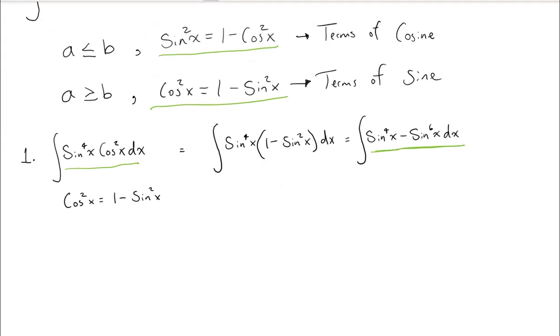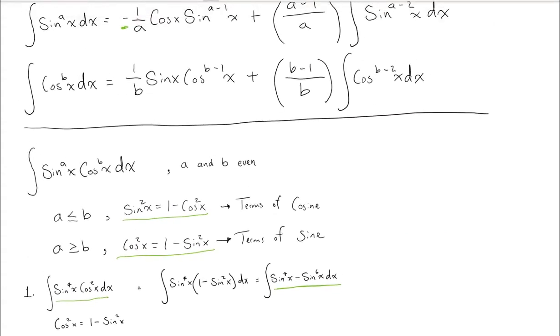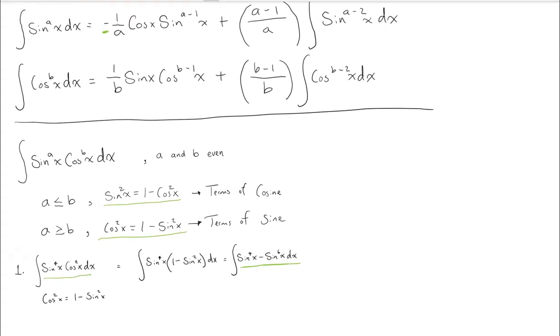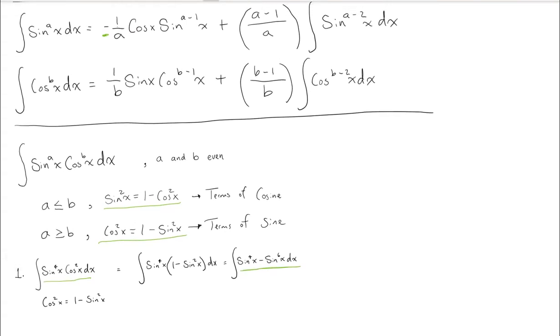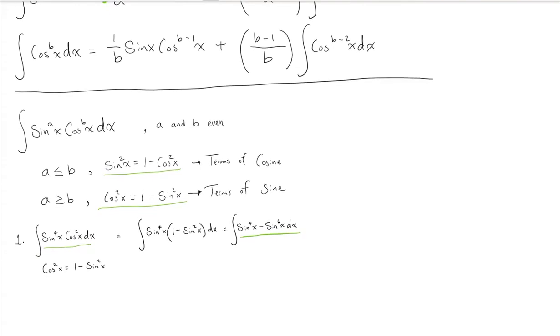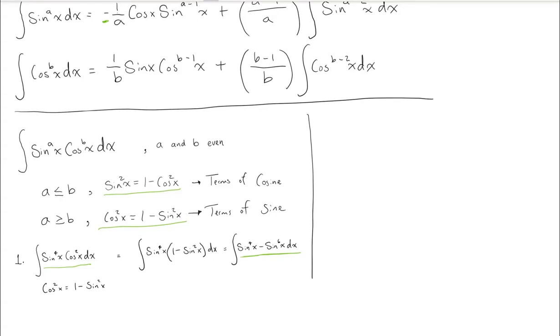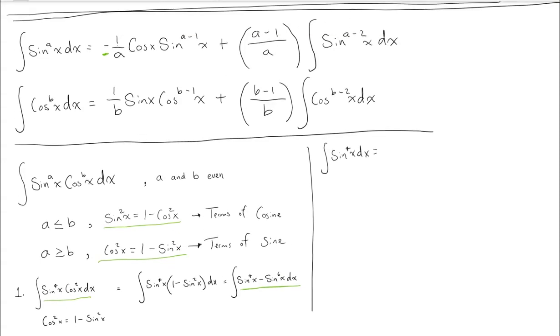So now if we use our reduction formula that we derived earlier, here it is at the top, the integral of sine to the power of a of x dx is equal to the reduction formula, then we will be able to solve this integral. So let's do that. We have first the integral of sine to the fourth of x dx, and we know that here a is equal to 4, so we have minus 1 over 4, and once again I am using this formula here at the top.